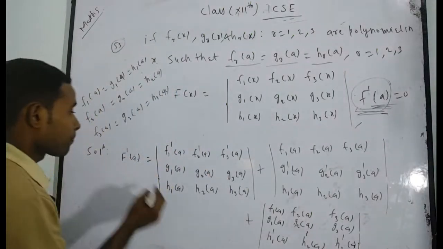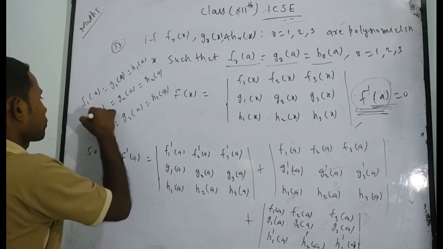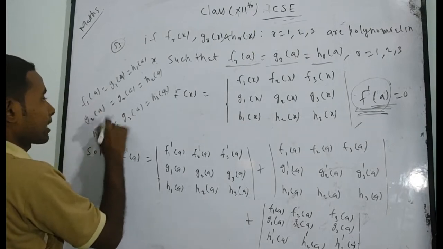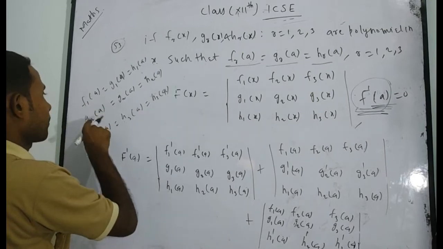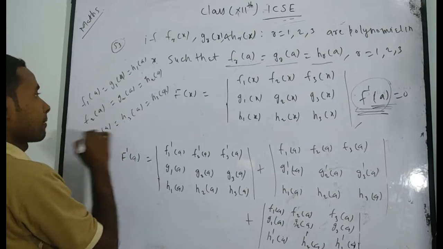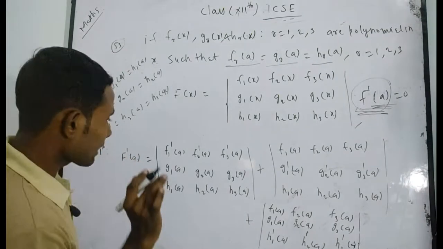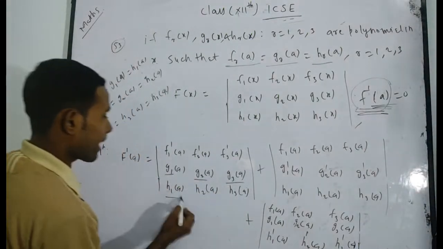Sorry, by mistake I have written it wrong; this will be g1a, g2a, g3a, and this will be h1a.